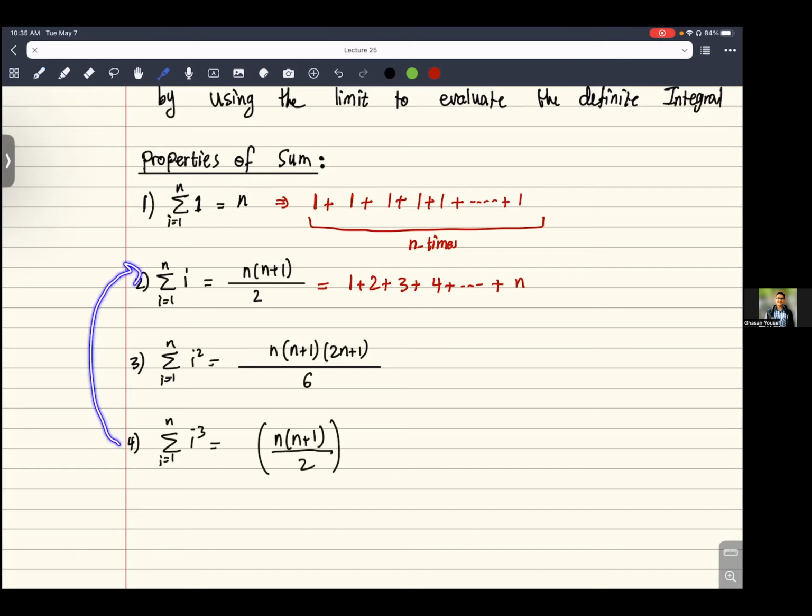It's similar to the previous one, but we square it. The sum of i squared is 1 squared plus 2 squared plus 3 squared plus dot dot dot plus n squared. And the sum of i cubed is 1 to the power 3 plus 2 to the power 3 plus 3 to the power 3 plus dot dot dot plus n to the power 3.